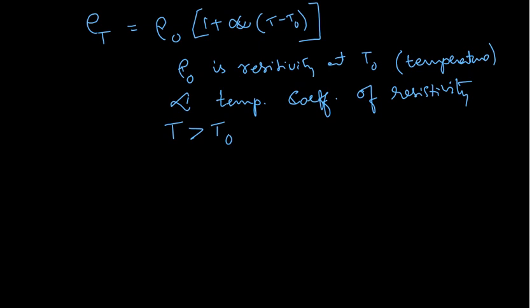Here, 1 by R parallel equals 1 by R1 plus 1 by R2 plus 1 by R3 and so on. Is there any message for me?